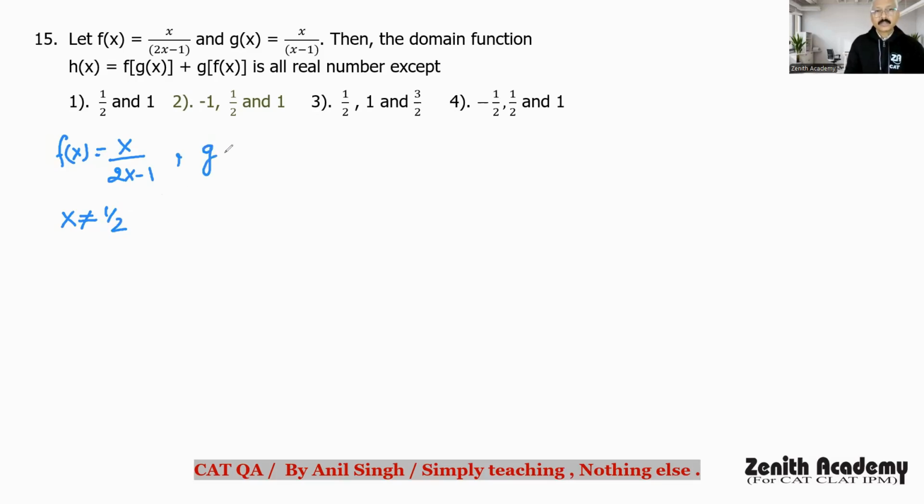And g(x) is x upon x minus 1. So here x cannot be 1, because when you put x equal to 1, then 1 upon 0, again denominator 0, means this function will not be defined. So x equal to 1 is not possible for this function.